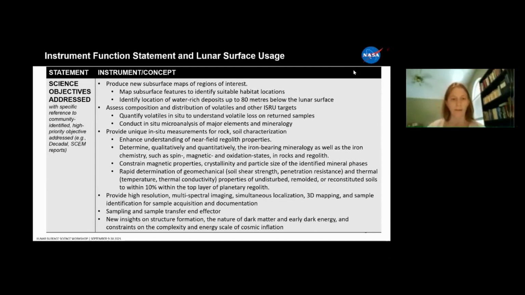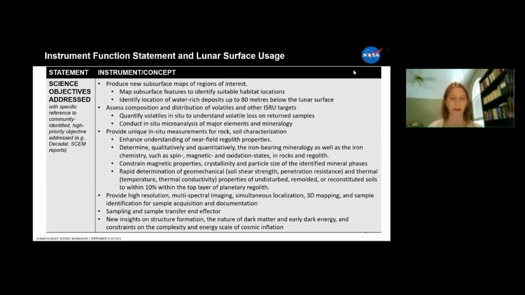So those are really the key planetary science, or lunar science objectives, I should say. Then the next couple that I have listed were on imaging and sampling capabilities. Those were also identified as objectives, supporting the achievement of science objectives.